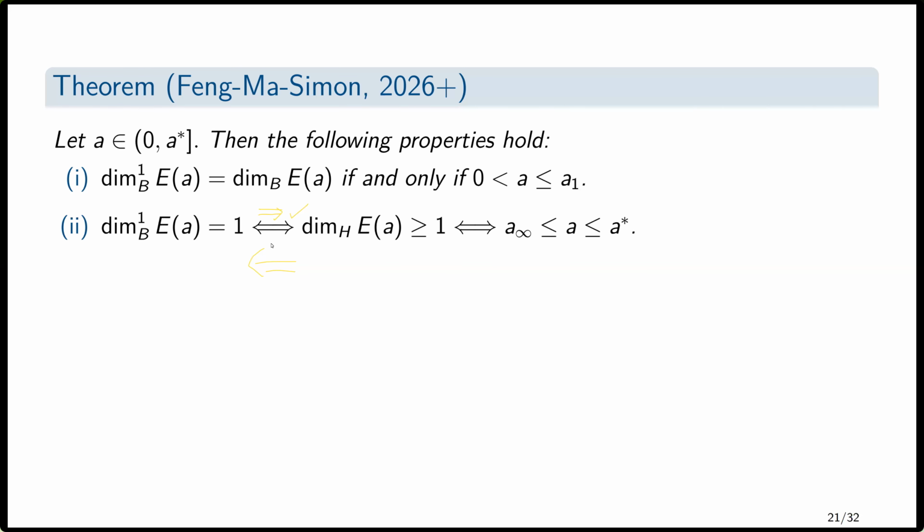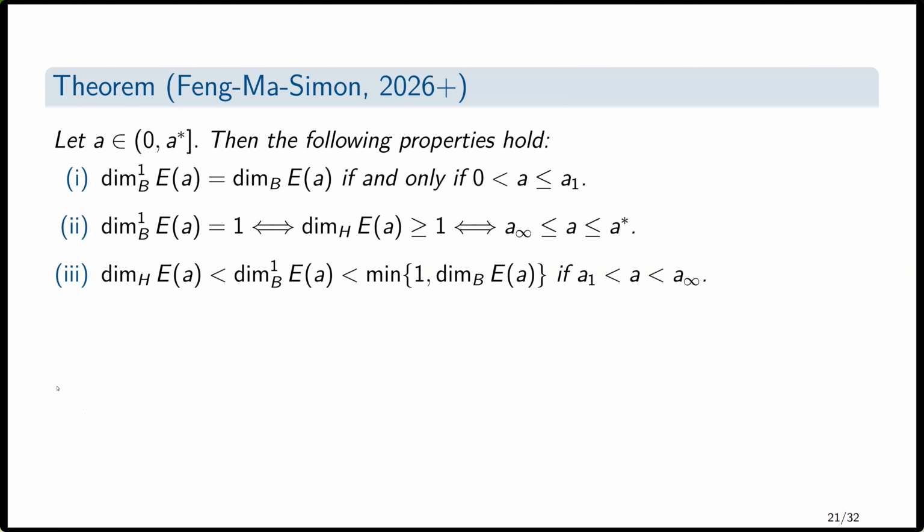Then, since we have 3 critical points, A1, infinity, and x star, A1 and infinity are important. If A is less than A1, then the projection set has the same Hausdorff dimension as the original set. And if A is greater than infinity, then it is 1.